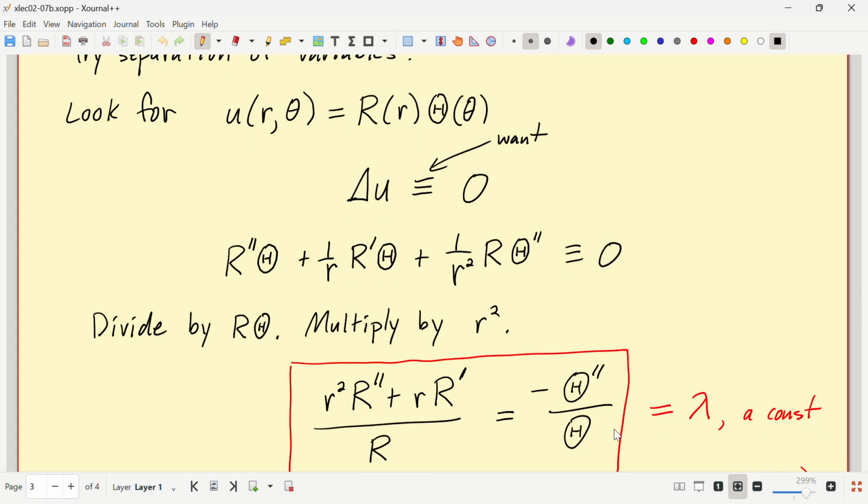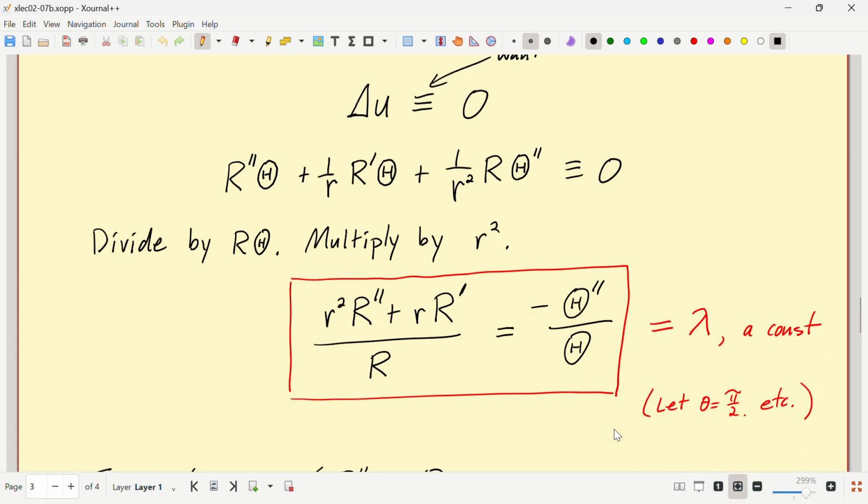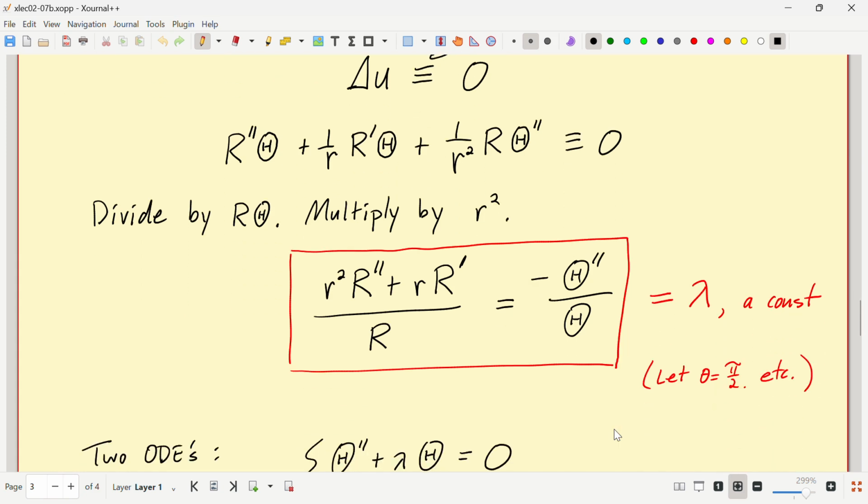There it is. When you stick it in and use the polar coordinates Laplacian, you play some algebra games to put all the r functions on one side and all the theta functions on the other. And for a function of r to be equal to a function of theta, they both have to be constant. So we call that lambda.